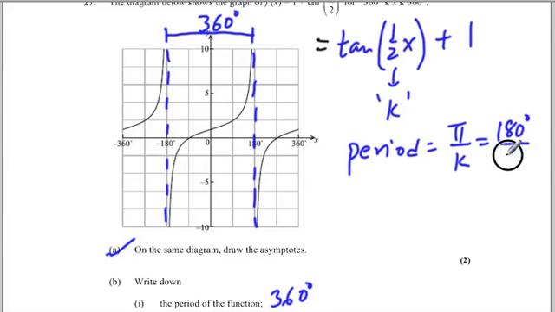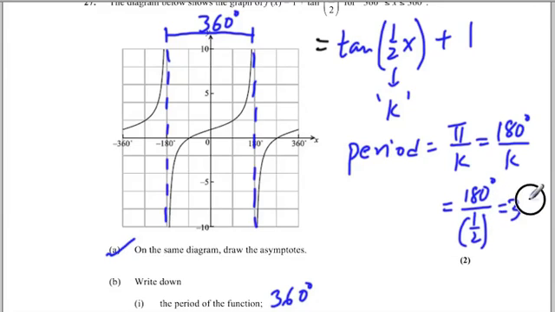Pi is 180 degrees over k. K in this case is half, so it's equal to 180 divided by half, and 180 divided by half is actually 360, which is exactly what we have right here. The rest of the parts of the question we can't really do yet because we need some more knowledge in trig, but at least we can do a bit of this question.